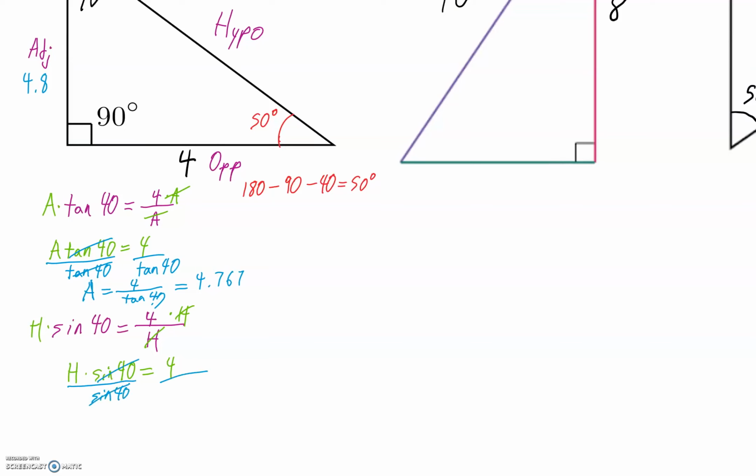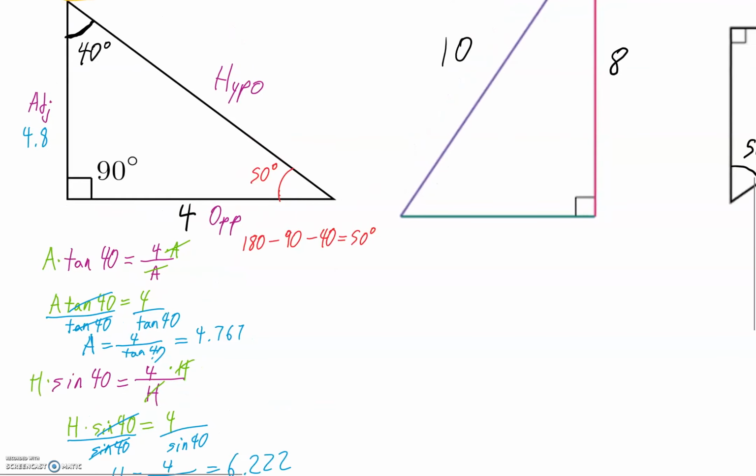Those cancel. So we're left with h equals 4 over sine 40, just typing in my calculator, and we get 6.222, which we're going to round to 6.2.